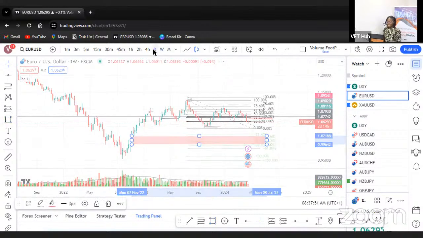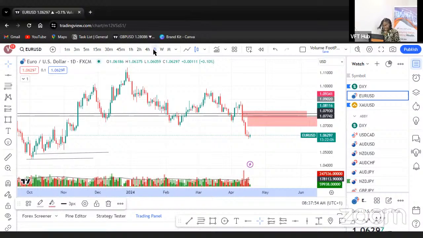So on our daily time frame, price is clearly bearish. It has taken out this low, has taken out this one too, and there's some sort of gaps left on the upside. So for today and into the rest of the week, probably into next week too, I expect that price will probably retrace into these regions here, these gaps here, and then continue itself to the downside on our daily time frame.